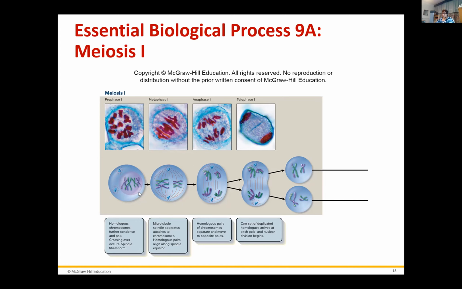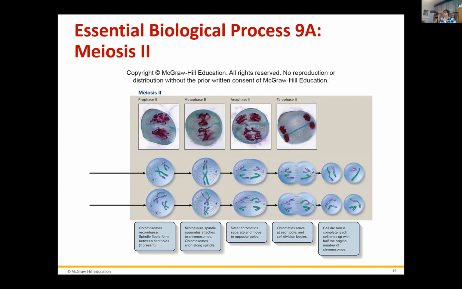Though the one that we started with here has 4 total chromosomes, this one only has 2, and this one only has 2. So this is why we say that the daughter cells are haploid. In other words, they have half as much DNA as what we started with. I'm going to go on to the next slide, the next half of the diagram, which is meiosis 2.